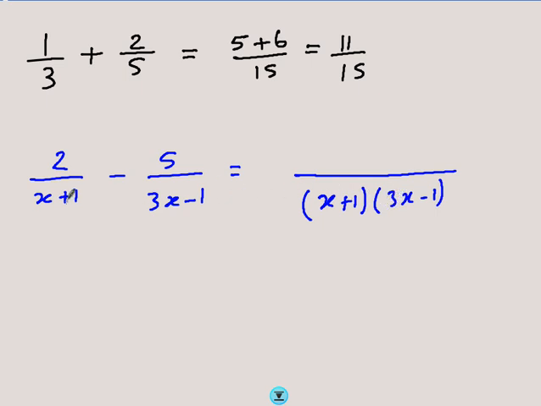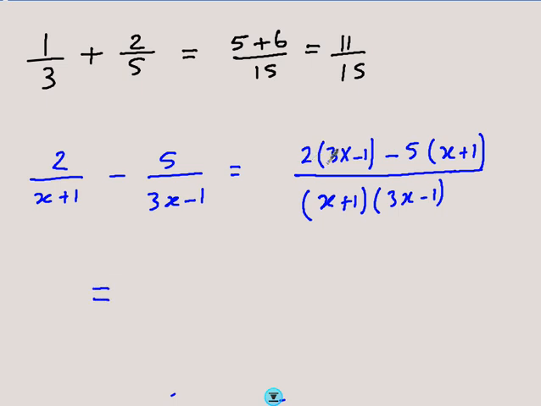This divided by that, x plus 1 cancels out, you're left with 3x minus 1, so 2 times 3x minus 1, minus the common denominator divided by that leaves you with x plus 1, so minus 5 times x plus 1. And obviously this needs simplification, collecting like terms.